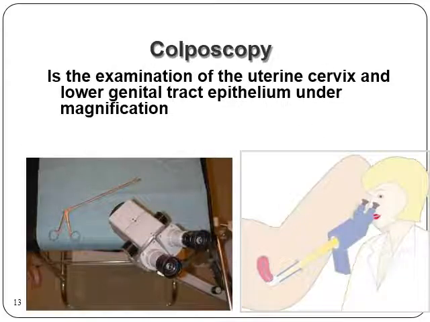You can see the binocular, the magnifying lens, and you can look through it to magnify the cervical epithelium, and we can apply some dyes like iodine or acetic acid to induce some changes in the epithelium, and look for any abnormal uptake by the dysplastic cells.